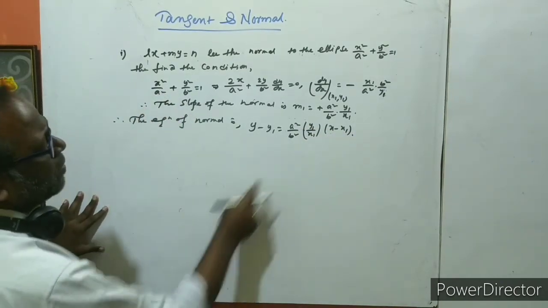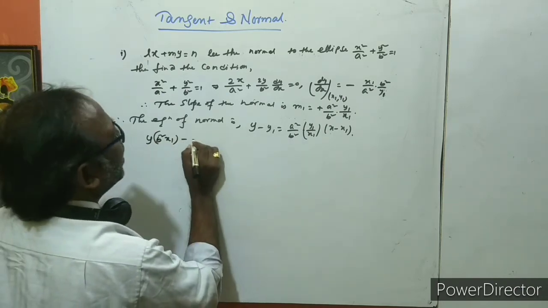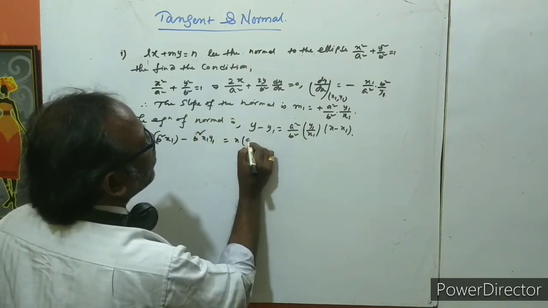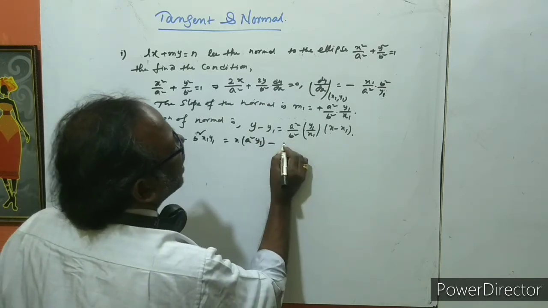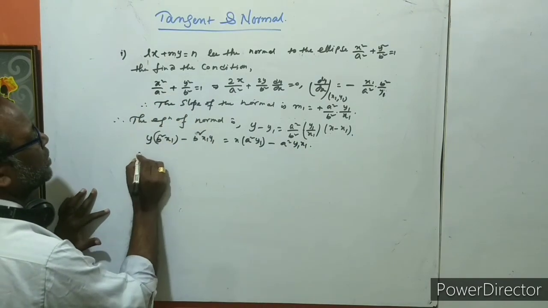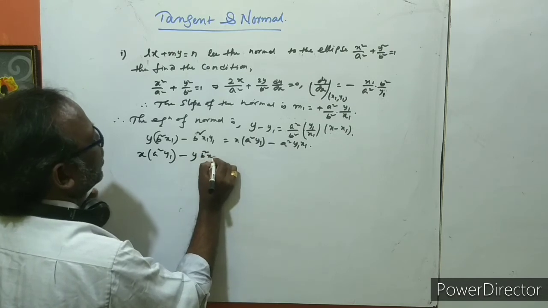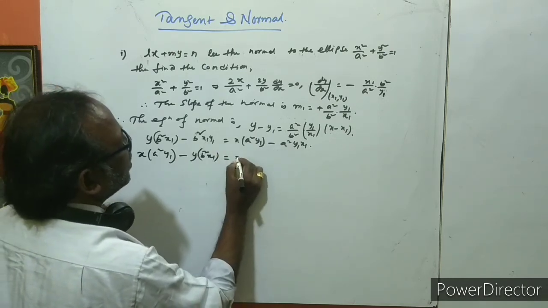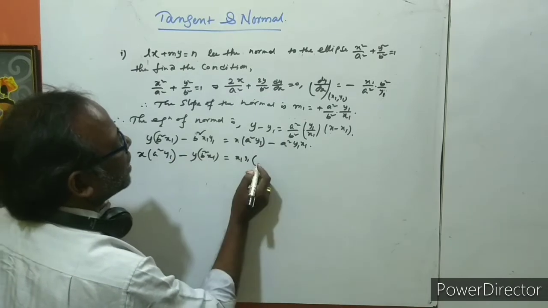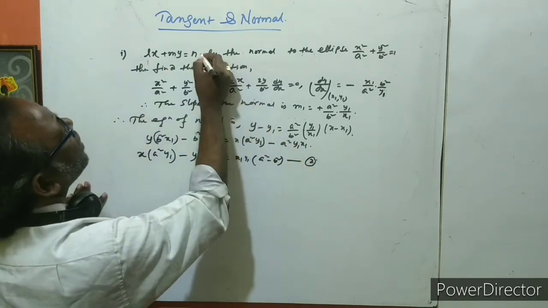Multiplying through, we get y b square x1 minus b square x1 y1 equals x a square y1 minus a square y1 x1. Transferring terms, x a square y1 minus y b square x1, and taking x1 y1 common, this is a square minus b square. Number 2.